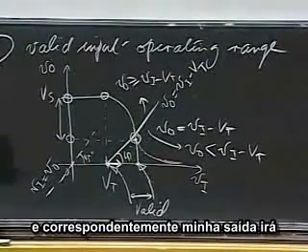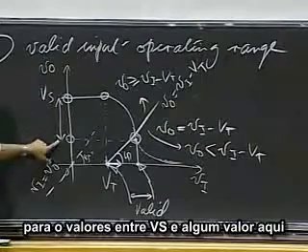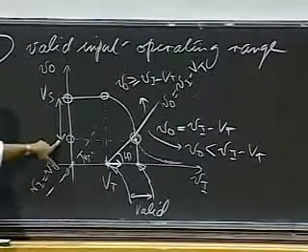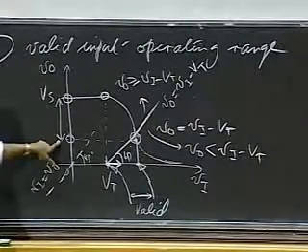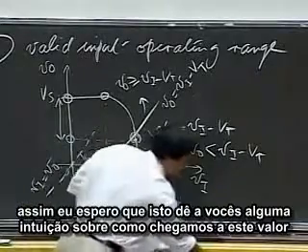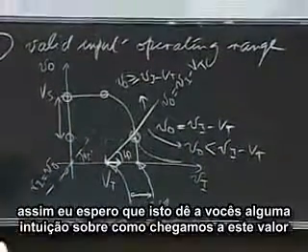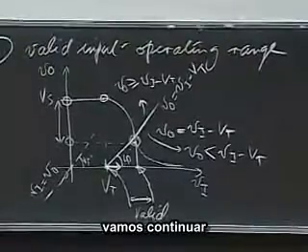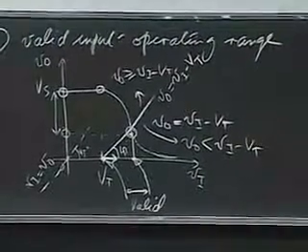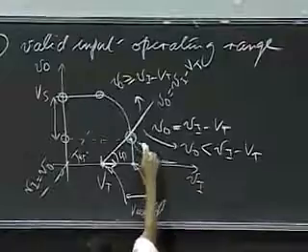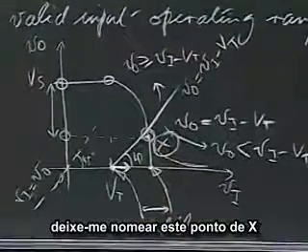And correspondingly, my outputs will go between Vs and some value here. Okay? So hopefully that gives you some of the intuition behind how we get it. And let's continue. Let me label this point X.